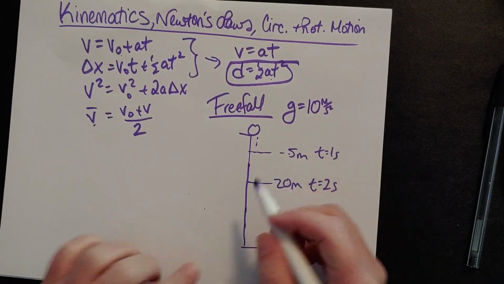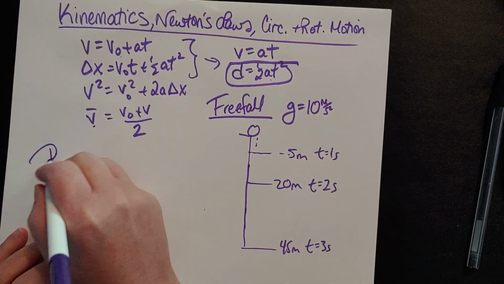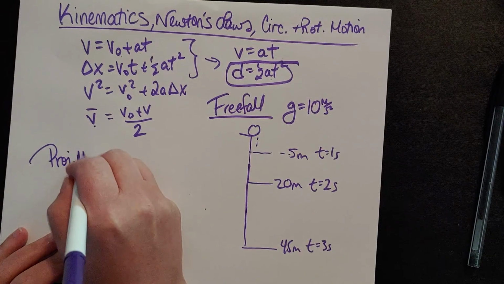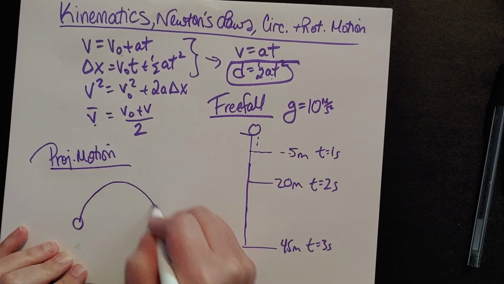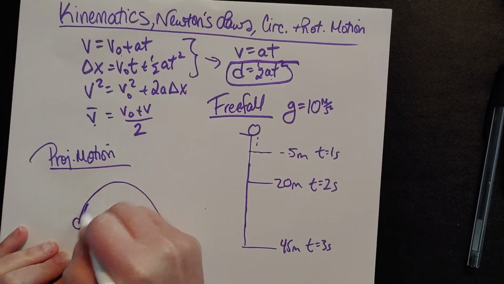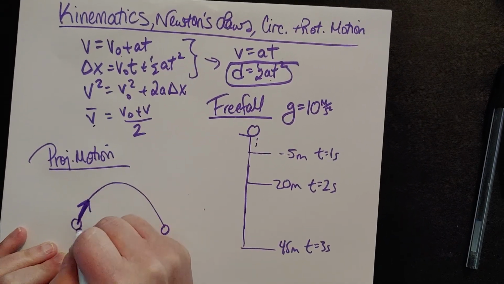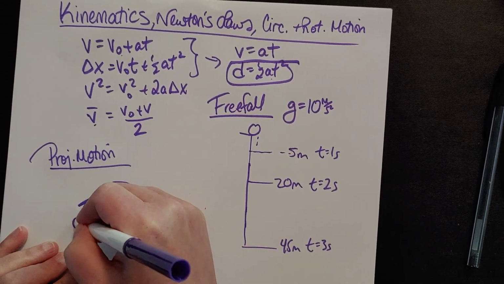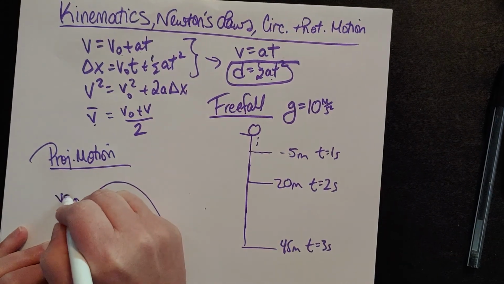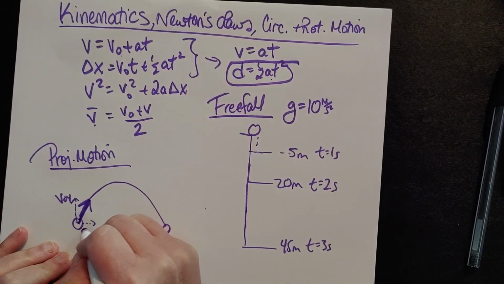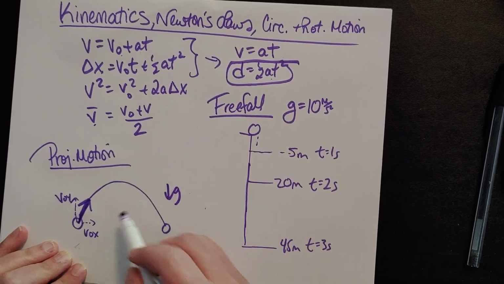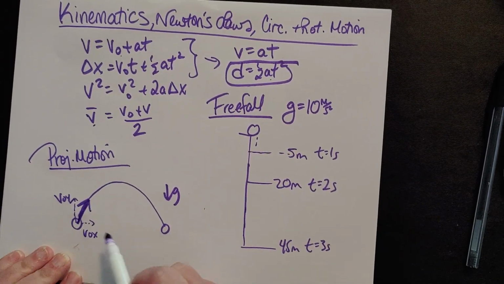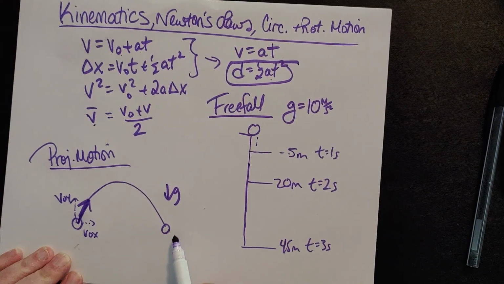The other thing about free fall is in projectile motion. All projectile motion is a free fall problem in the y direction, because you've got g down, and a constant velocity problem in the x direction.